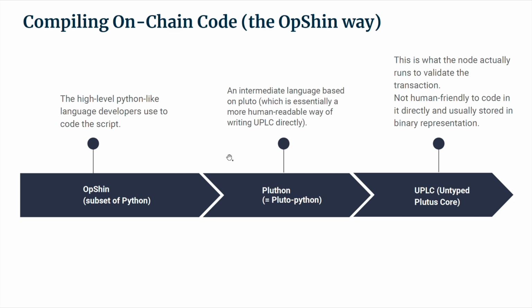And here there's one intermediate layer, which is a more human readable version of UPLC, which is called Pluthon. I don't want to elaborate too much on this, but you see that the compilation pipeline is somewhat simpler than in Plutus.